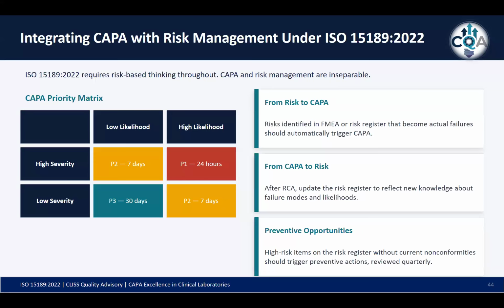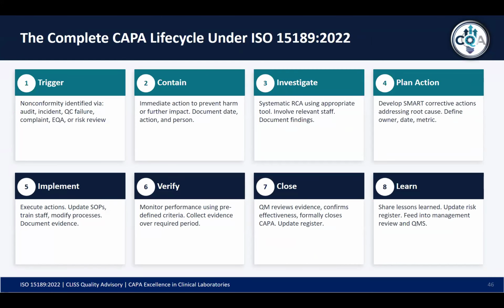Okay. And then quickly, looking at the complete life cycle. Number one, triggering the non-conformity. Number two, containing. This speaks to immediate action. Number three, investigate through a systematic root cause analysis. Number four, plan action in a smart way.